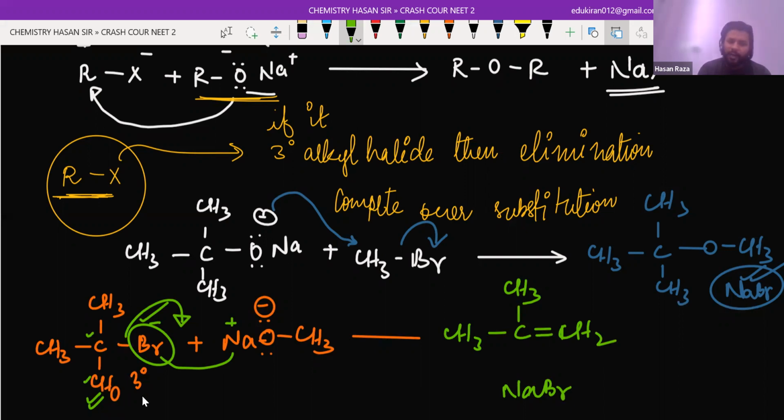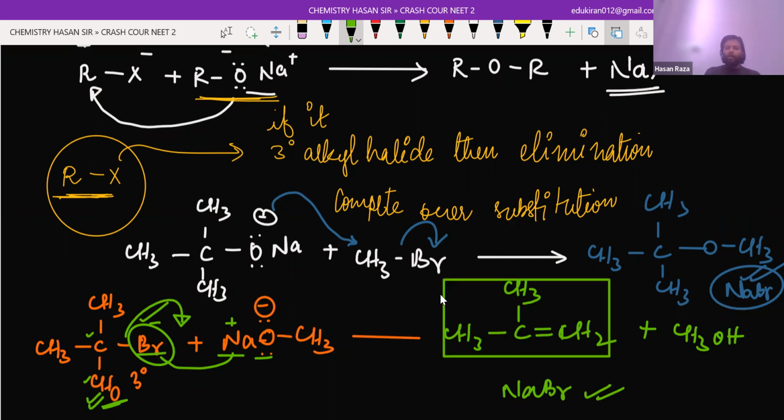The hydrogen which goes from here combines with oxygen to form alcohol, CH3OH, and Na goes with Br to form this byproduct. There are two byproducts, and this is your main product. As you can see, when you take a tertiary alkyl halide, you get an alkene instead of ether.